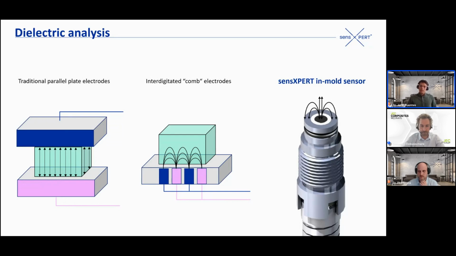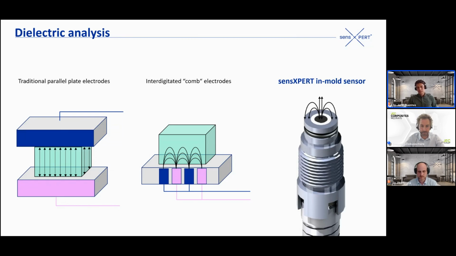And what we are measuring is what is happening with the current. So we send the voltage, right? The alternate voltage. Of course, we get a phase angle, we get a current. So what is happening with this signal as the material is undergoing all these chemical and physical transformations?